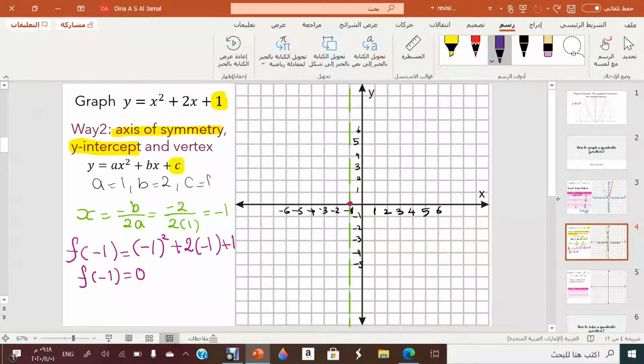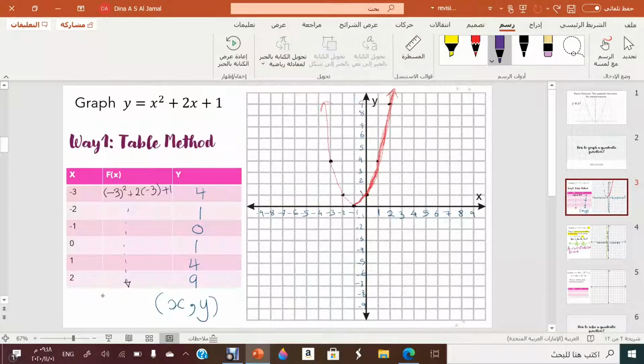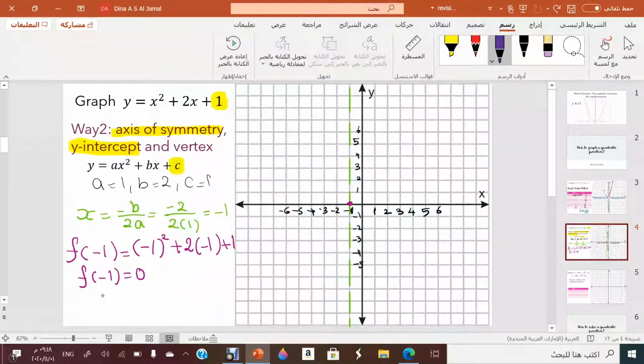And also in the case of not having a equal to 1, you just need to substitute x equal to 0. That's it. So let's go and now put your y-intercept. It's all about 0 and c, which is 1. So let's go there. There you are having 0 and 1.